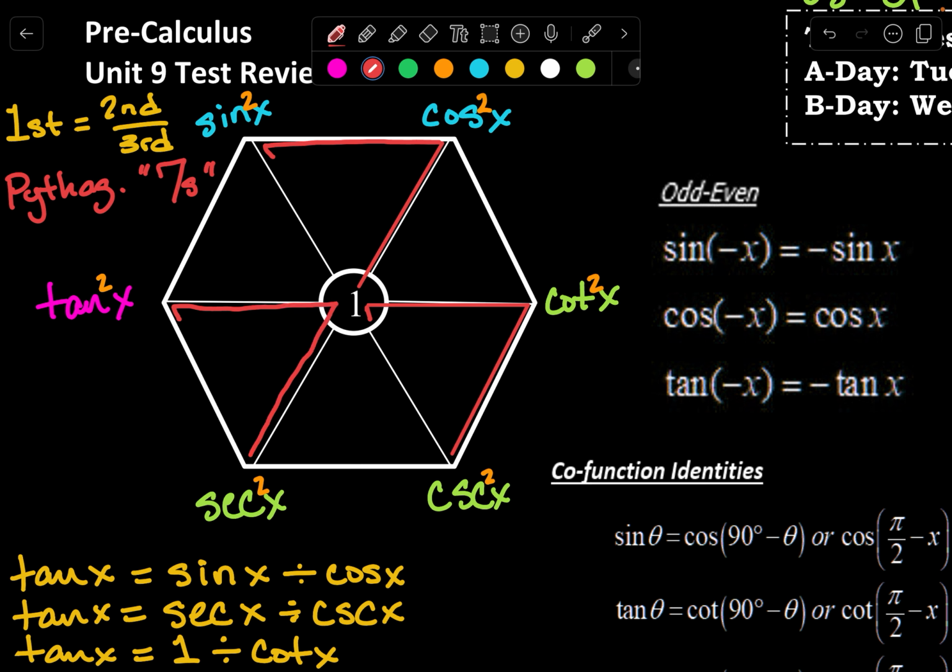Anywhere that you can make a 7 that's upright, you can follow that around, and it's, for instance, sine squared plus cosine squared equals 1. 1 plus cotangent squared equals cosecant squared, or tangent squared plus 1 equals secant squared.